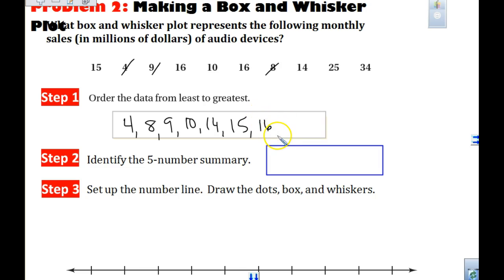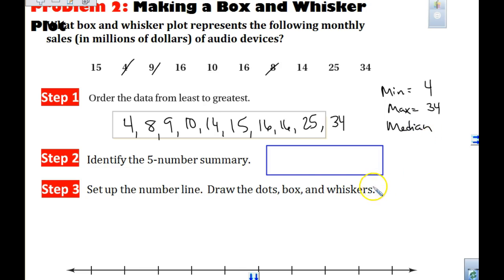Okay? So, if we're going to list over here, the minimum is 4. Maximum, pretty easy to find also, right? 34. Median, our exact middle. So, if we are looking at our data, how many data points did we have for this?